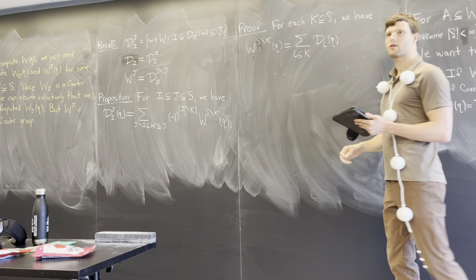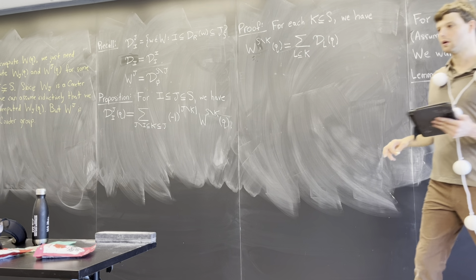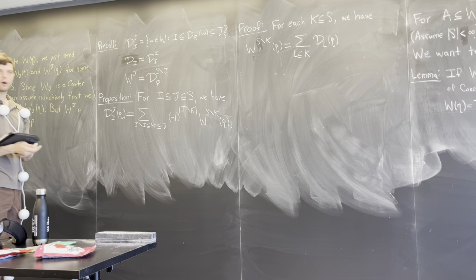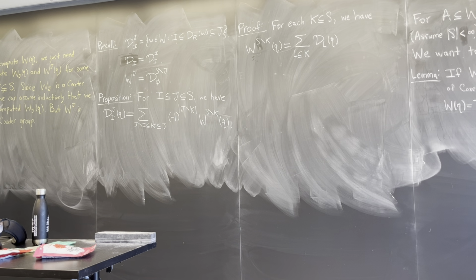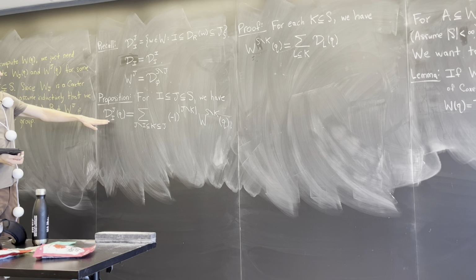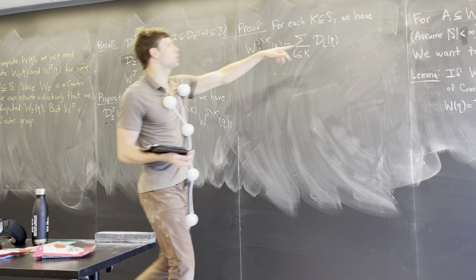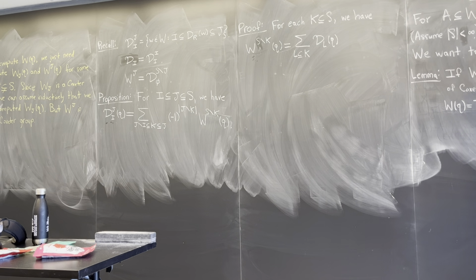Sorry, Colin? Yes? When we're writing d sub I superscript J of Q, what are we grouping by? So this is some subset of the Coxeter group. It's the same thing as over here where I had the A. I'm just summing over all the elements of this set. Okay, and for each one, just taking q to the length of the element.